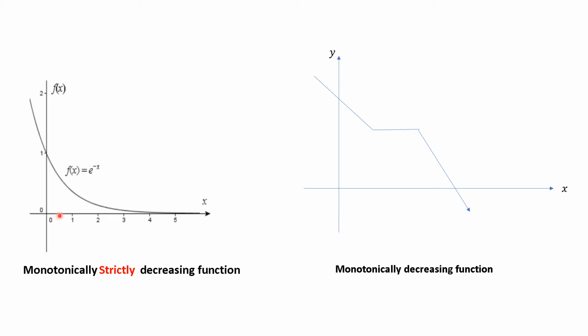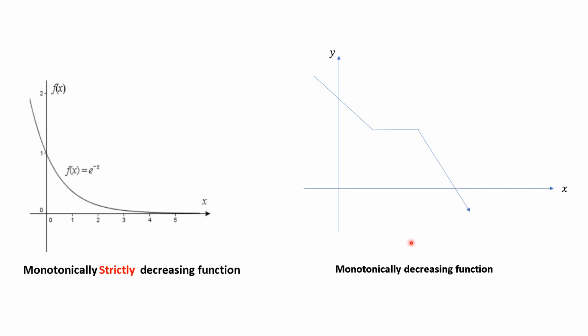As x goes on increasing, f of x is decreasing. There is no stability or increasing at any point or anywhere. Therefore, we call this type of function a strictly decreasing function.